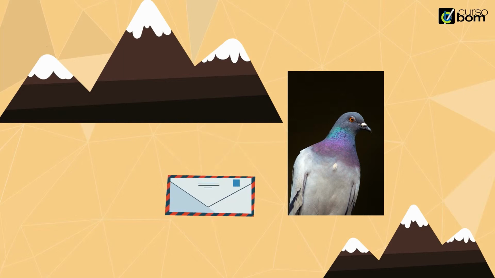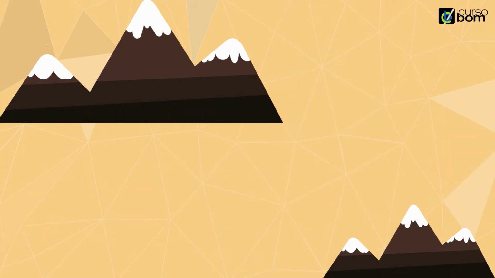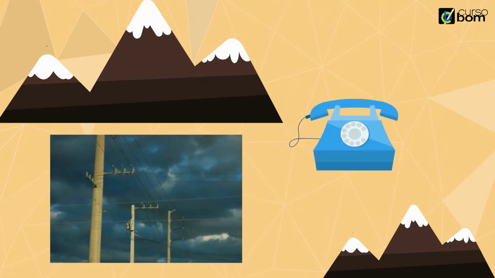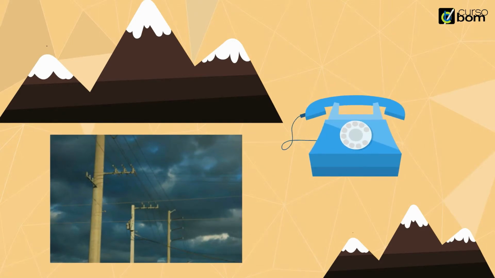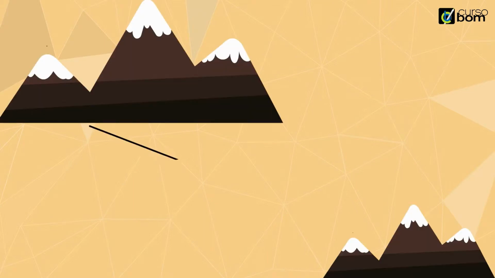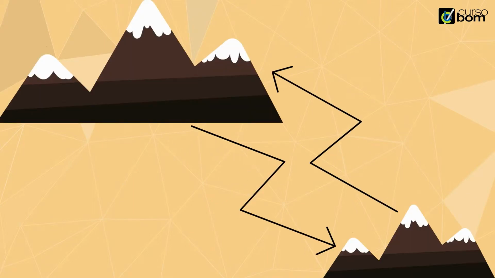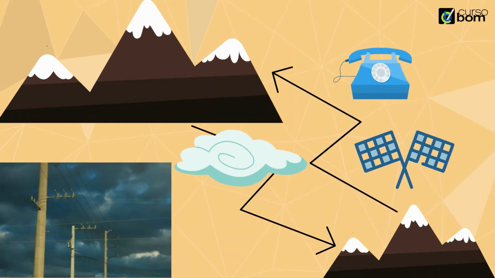But these too were limited in time and space. So came the telegraph and later the telephone. The problem to be solved was distance communication, and this problem was minimized through the implementation of several innovations.